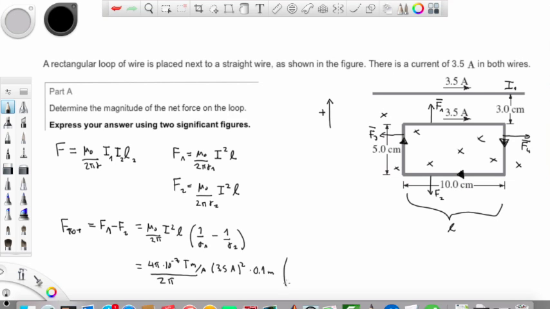And then these terms, 1 over R1, 3 centimeters, and R2, 8 centimeters. That gives us 5.1 times 10 to the minus 6 newtons. And because this is positive, the net force is upwards, which makes sense.